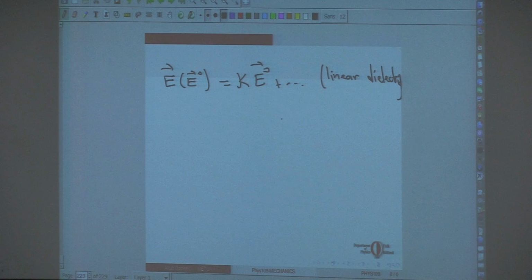So we know E0 is sigma over epsilon 0. And this epsilon 0 over K we define as a new parameter, which we call the electric permeability.